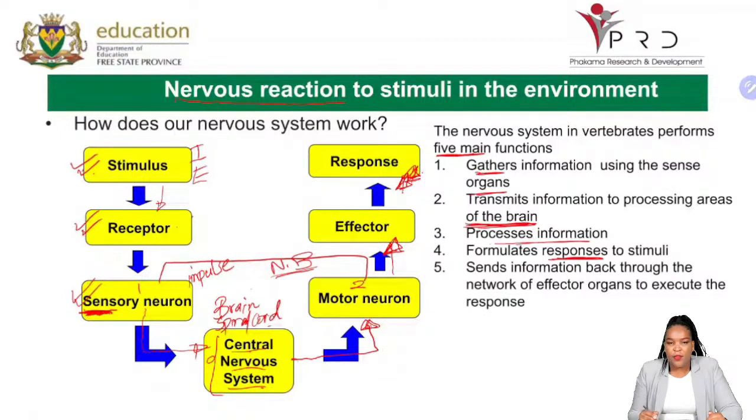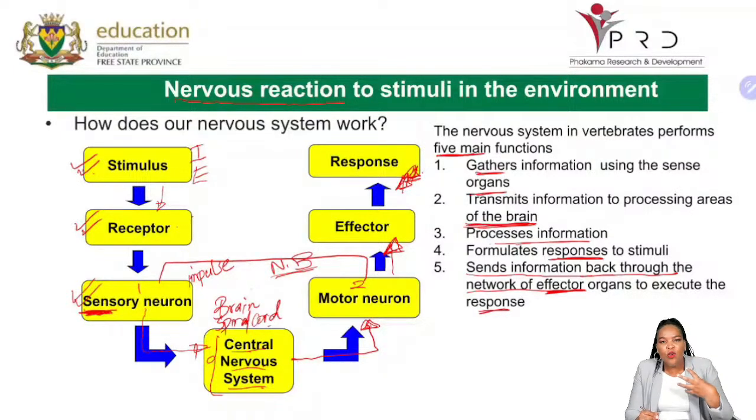Then number 5, the main function, is to send information back through the network of effector organs to execute that response. So it must also be coordinated together with the effectors, where you are going to feel it and respond accordingly.